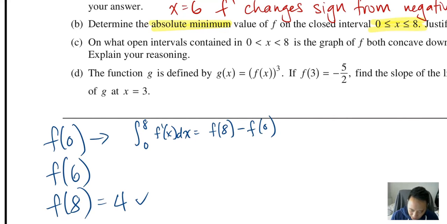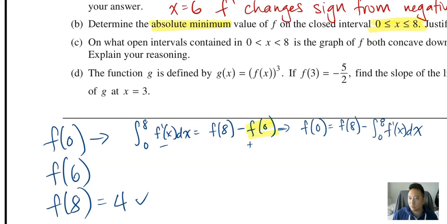And that's kind of nice because I need this value here. So I could do a little bit of algebra, add this to both sides, and subtract this from both sides, and I'm going to get something like this. f of 0 is going to equal f of 8 minus the integral of f prime x dx, is that right?